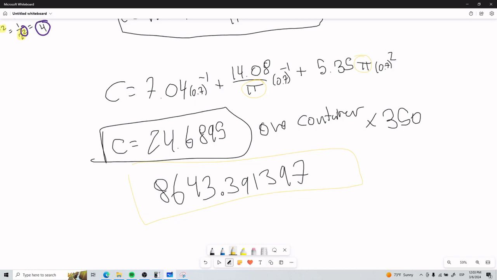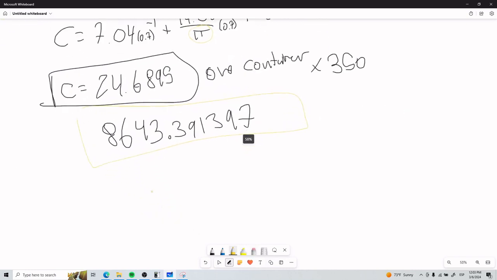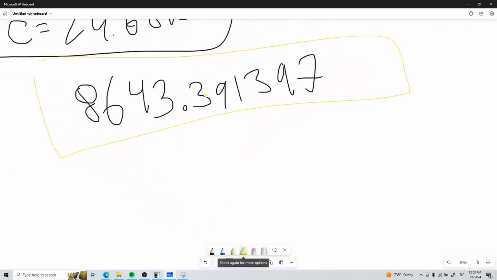And so I know some of you might be thinking, oh, I got to round down because of this 39, right? And so you're going to leave it as 8643. And although you're right from a math perspective, you would be slightly wrong from a context perspective.